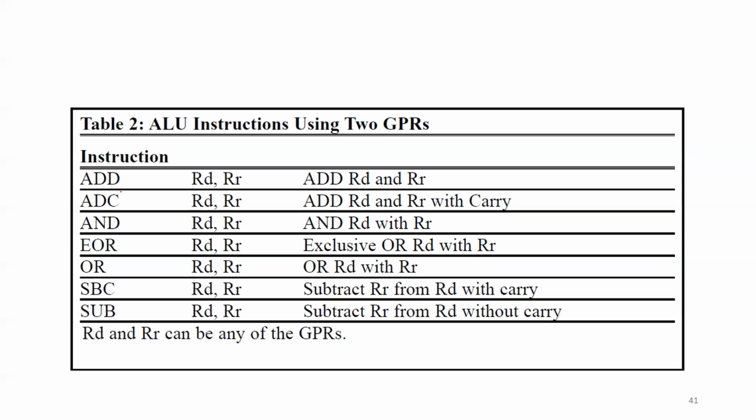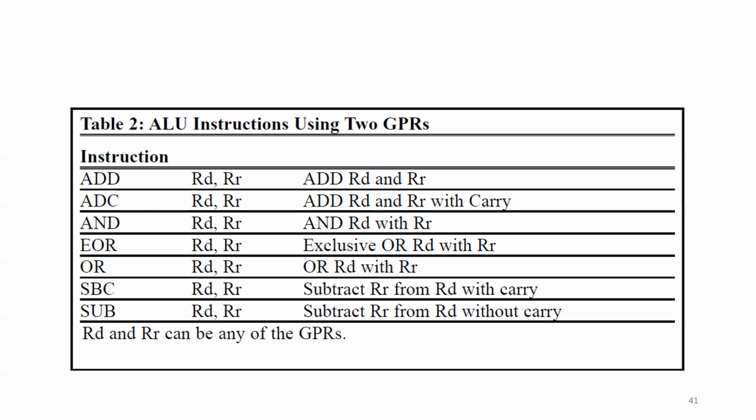So if you do add with carry, this means if you have data greater than 8 bits, the data will be added, and the result, or let's say the incorrect result, because the data is higher than 8 bits, so only 8 bits of the data would be stored in RD, and the carry flag would be active high.